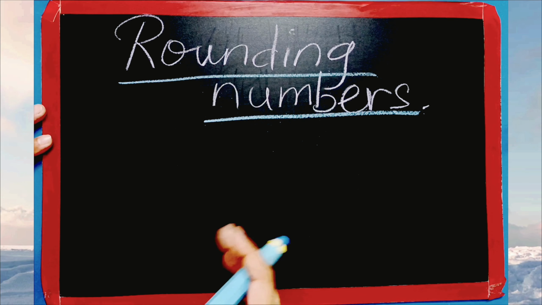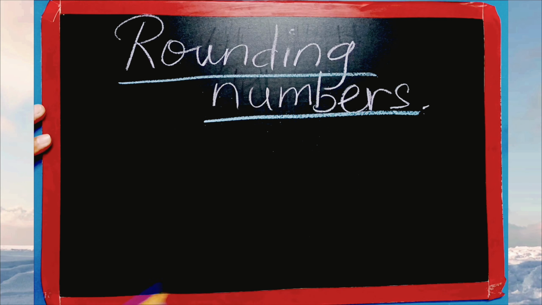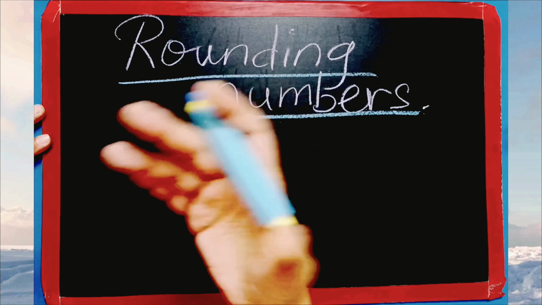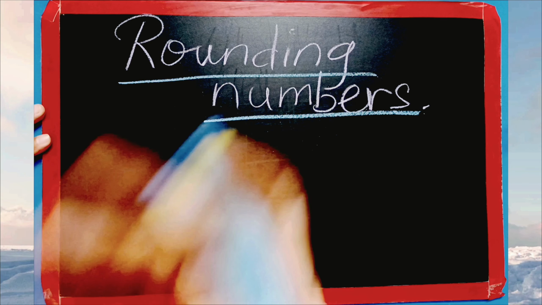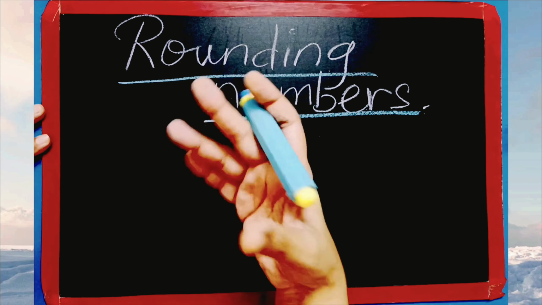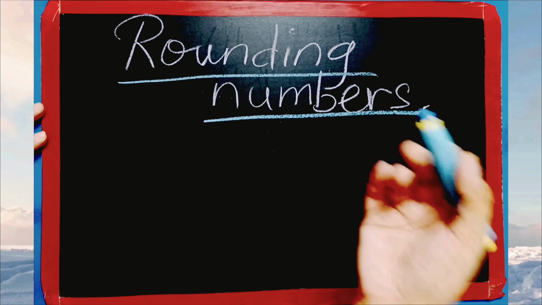Numbers are used to show the amounts of things, as in my example of oranges. It tells us how many oranges I have eaten in one year.